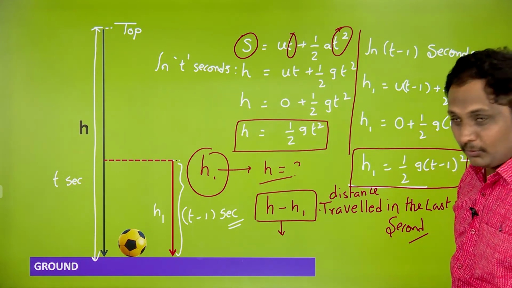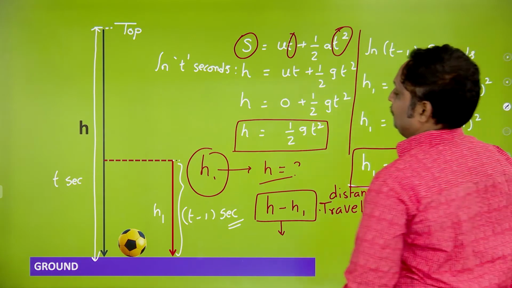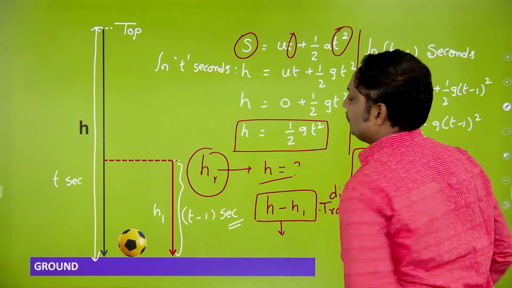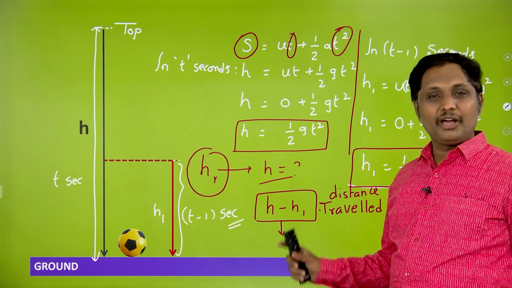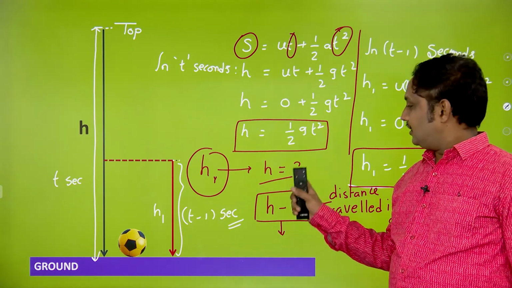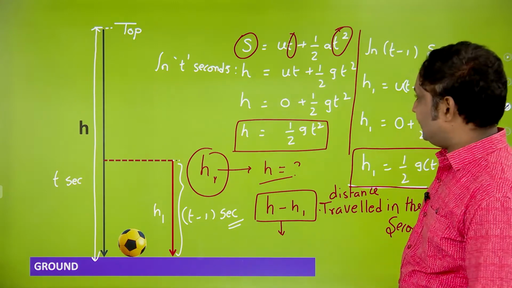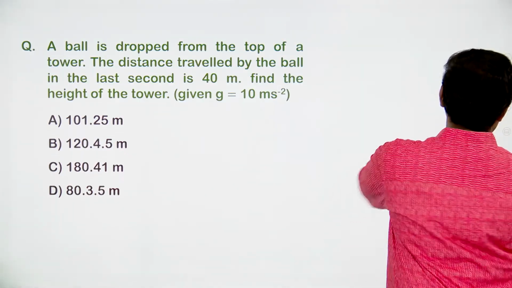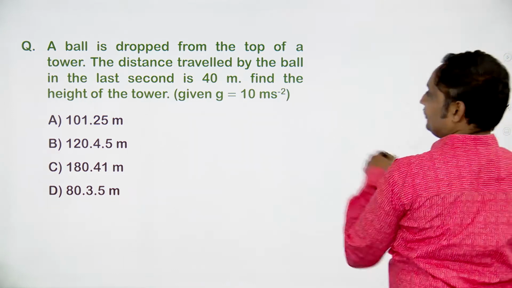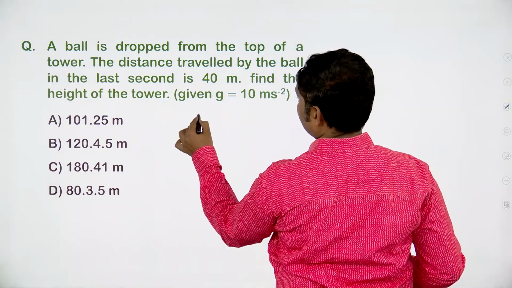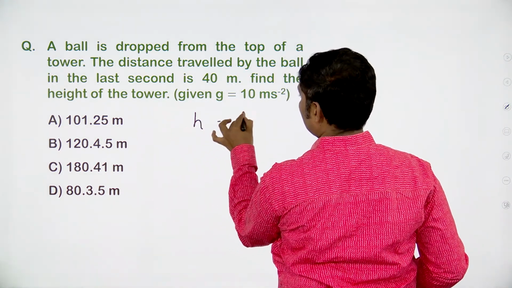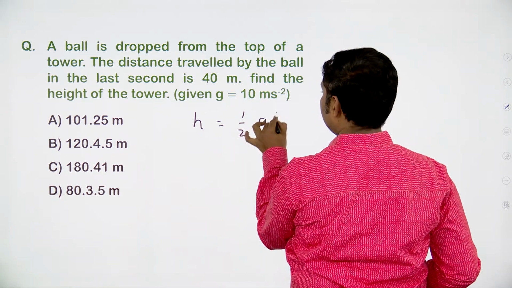Let's have one problem based on this model. If you know the time taken to cover the distance of h1, at the same time you can get the solution for the total height. So you have two sets of equations for this. H is equal to 1 by 2 g t square.